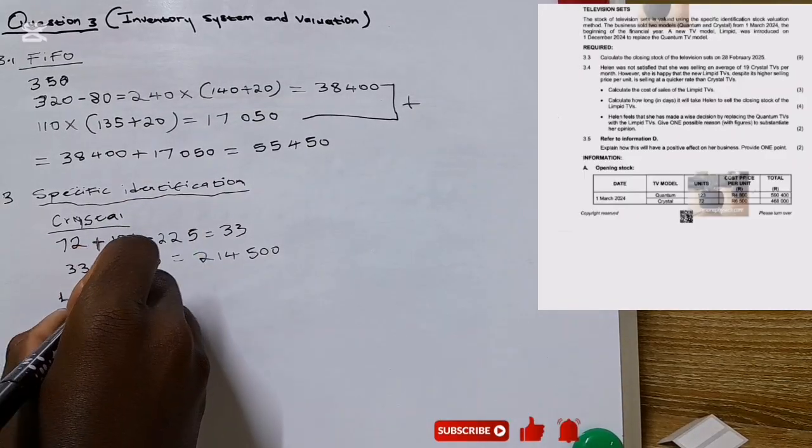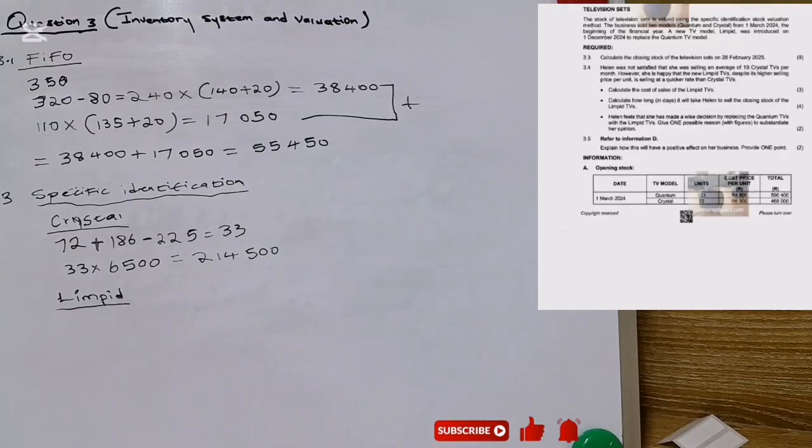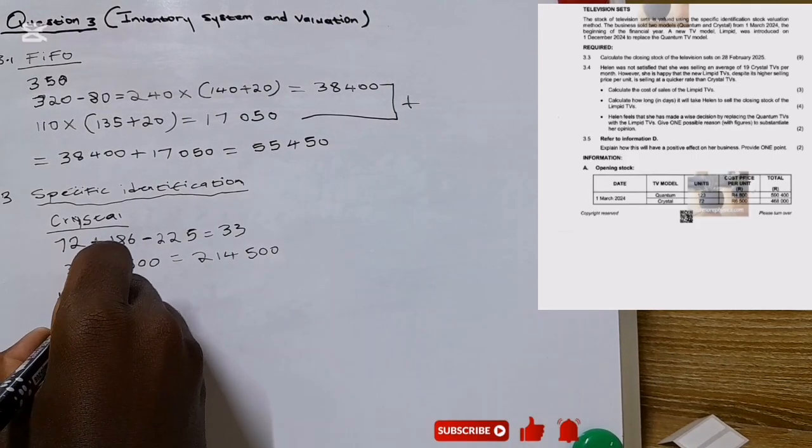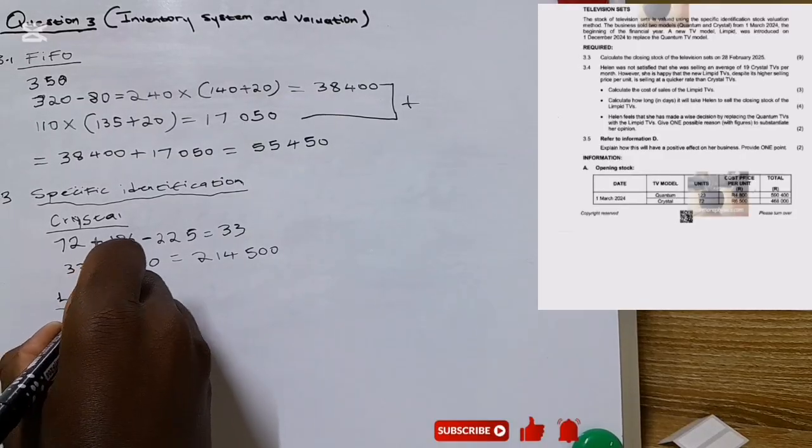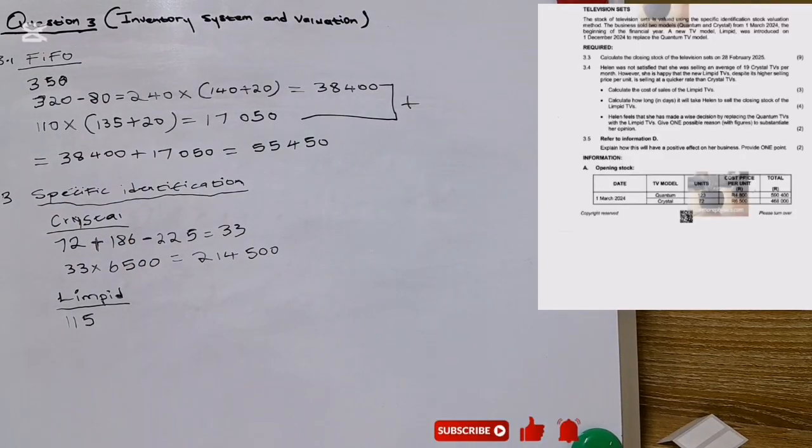This is Limpid. In information number A, we don't have opening stock for Limpid, which is reasonable since they introduced this model during the year. So we go to information number B on purchases, where we do have the Limpid model. We purchased 115 units. Then we go to information number C to see the sales for Limpid.